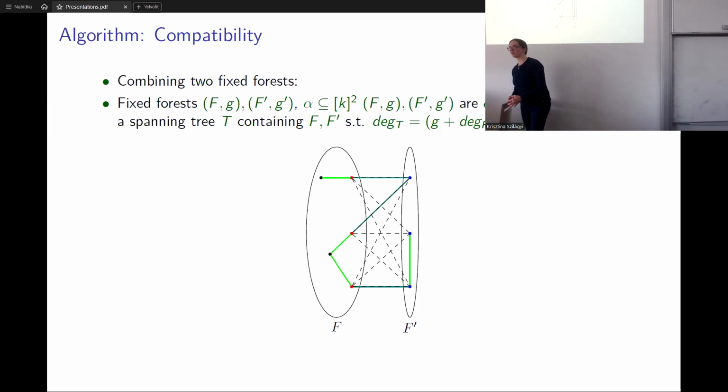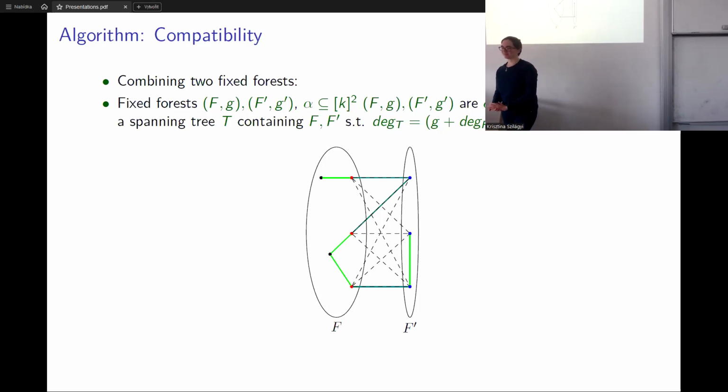So we say that these two fixed forests are alpha compatible if there is a spanning tree that contains both of them, F and F prime, and of course some edges that were supposed to be green, but they look more blue from in between, such that all the degree requirements are satisfied.